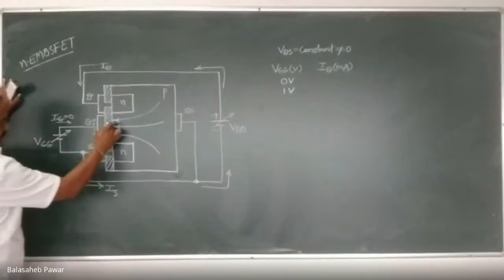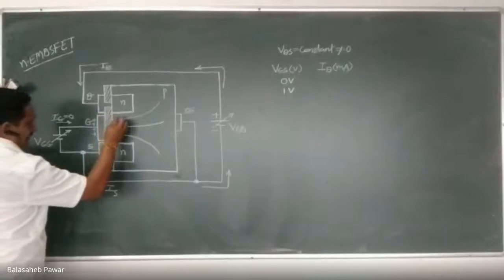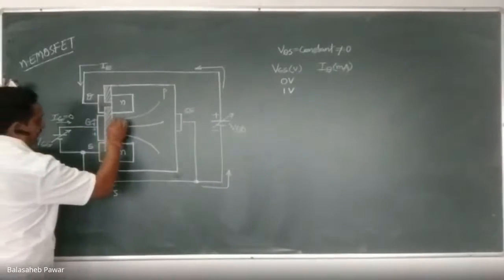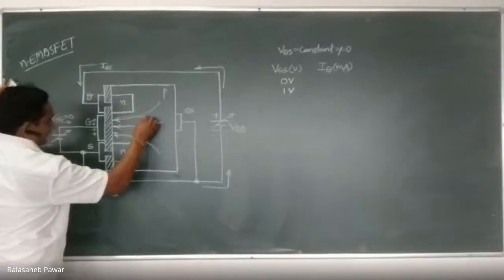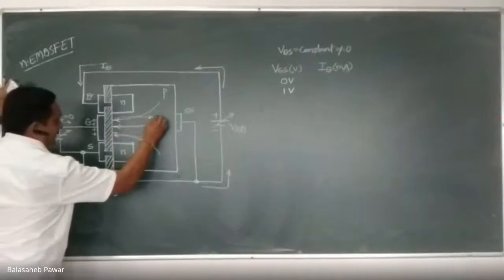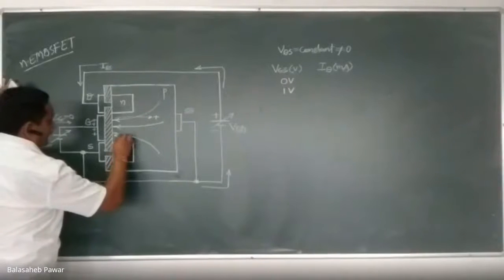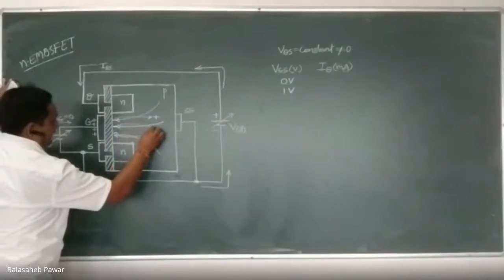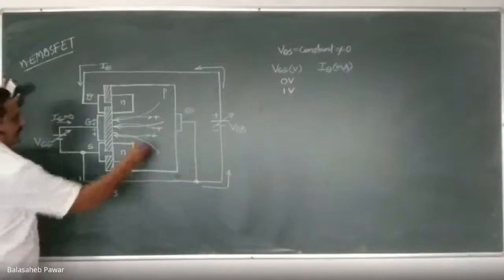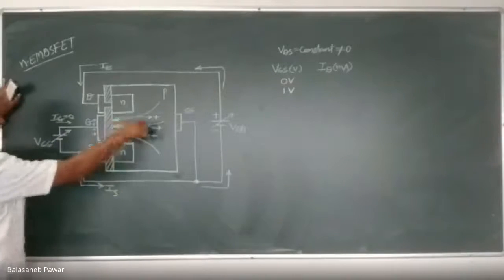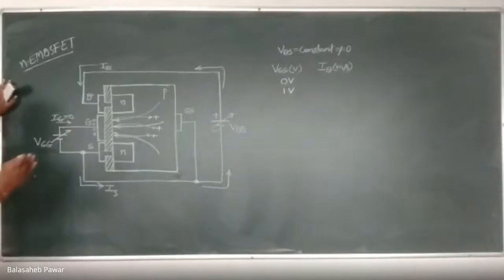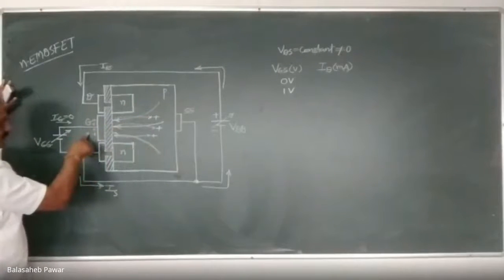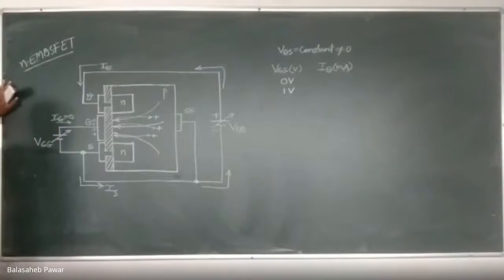But see, at the same time, whatever positive charge carriers are there, they will get repelled over here by the positive potential applied to the gate terminal, is it? And that vacant space of the positive charge carriers will get refilled by the minority charge carriers, which get attracted due to the positive potential applied to the gate terminal.